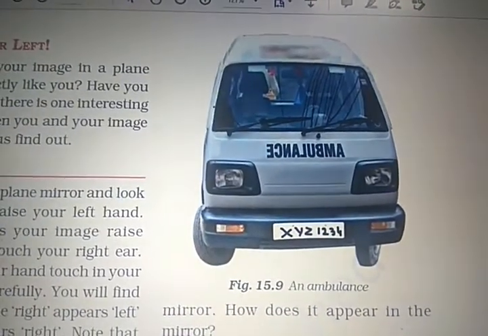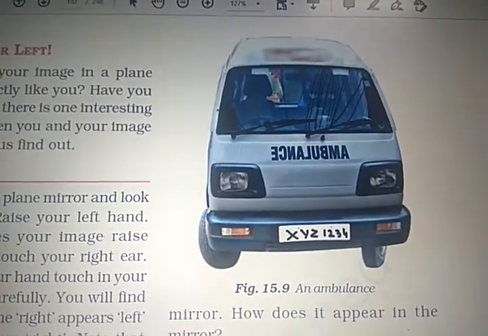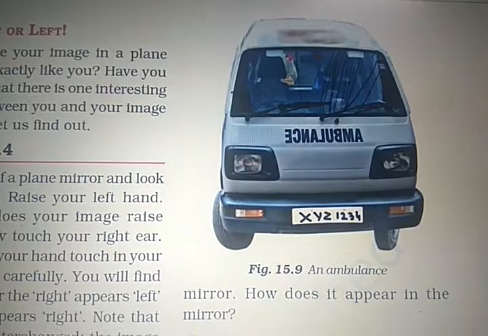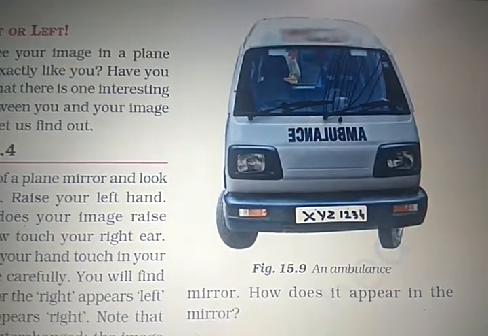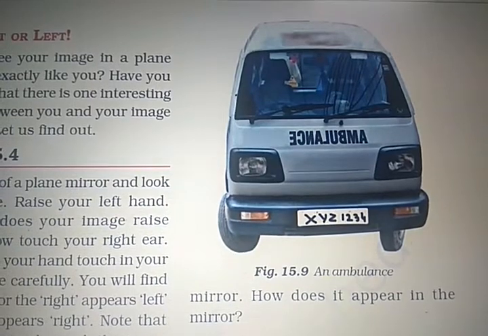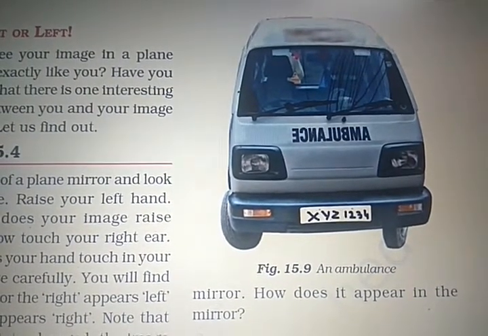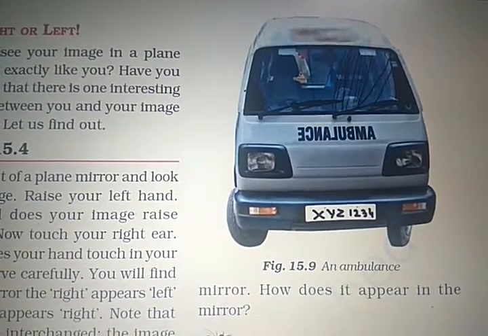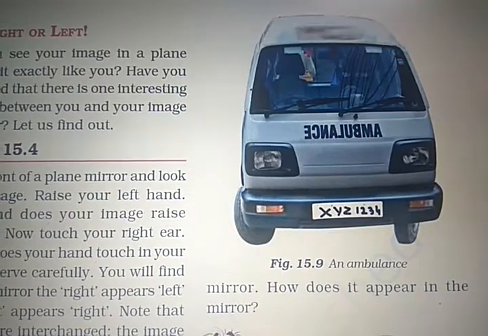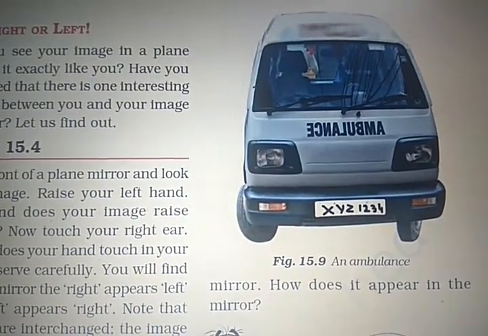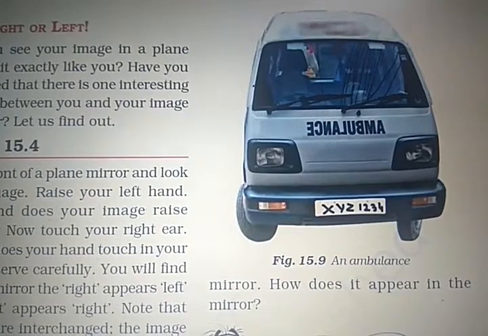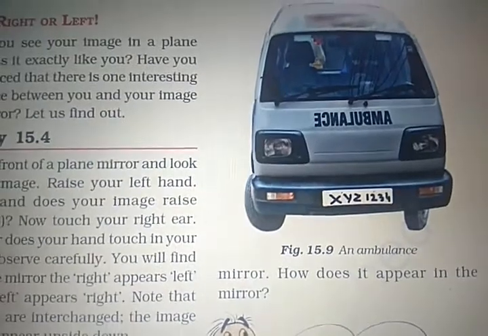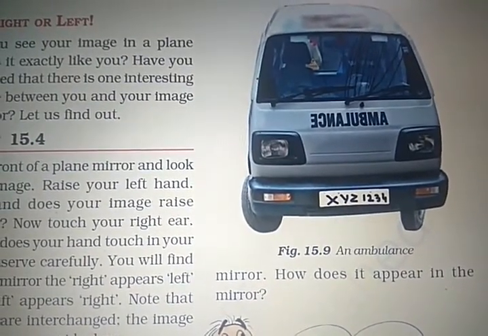Now we see that on ambulance it is written inverted. Why? Because when the ambulance is moving on the road, then any vehicle ahead of that ambulance, when the driver sees the back vehicles in the mirror, he can exactly know that it is an ambulance there, so he has to get them to pass first, right?